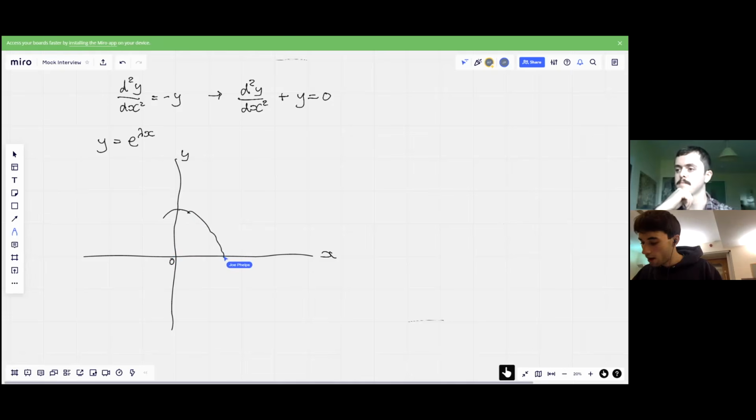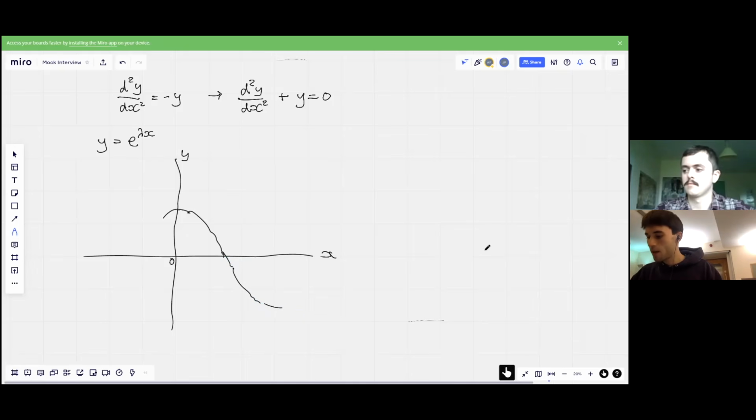Yeah, perfect. And then once I get to y equals 0, so the x-axis itself, d squared y by dx squared will be 0. So the graph will become straight at that point. There won't be any change in gradient. Then as y becomes negative, the second derivative will become positive and the gradient will become more positive, or it will start increasing, to what I assume would then be a minimum value.